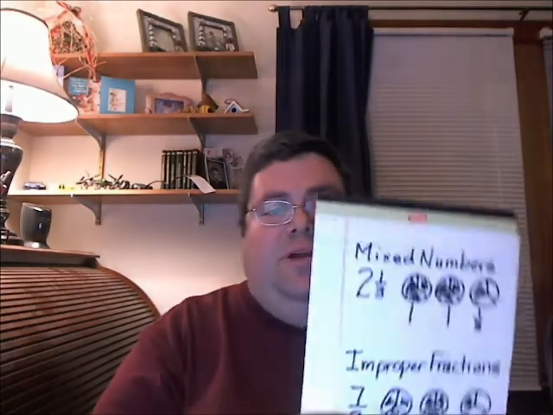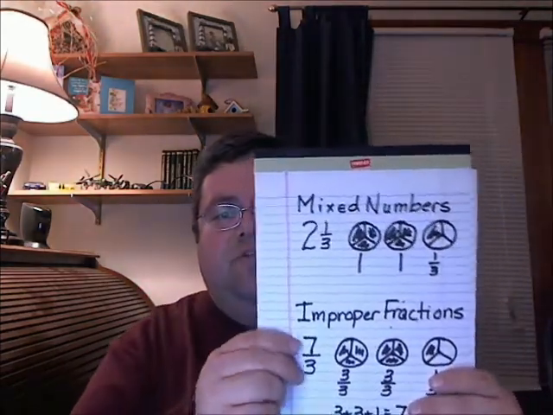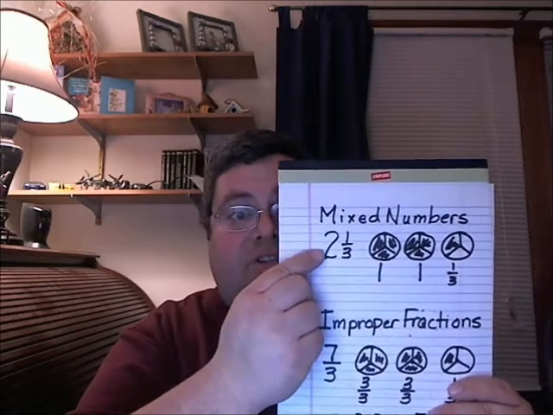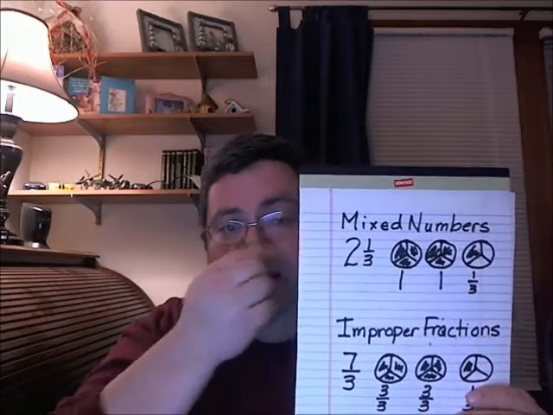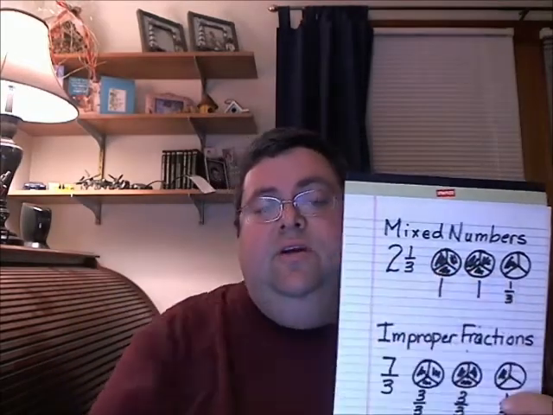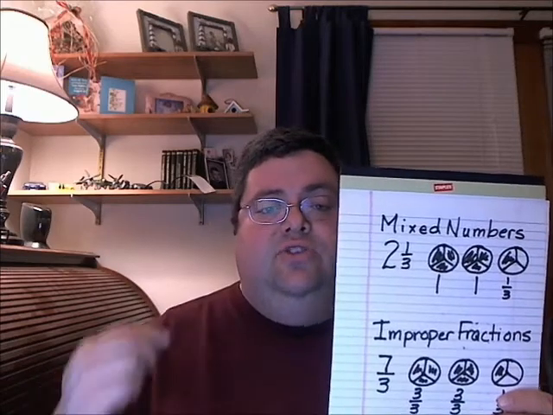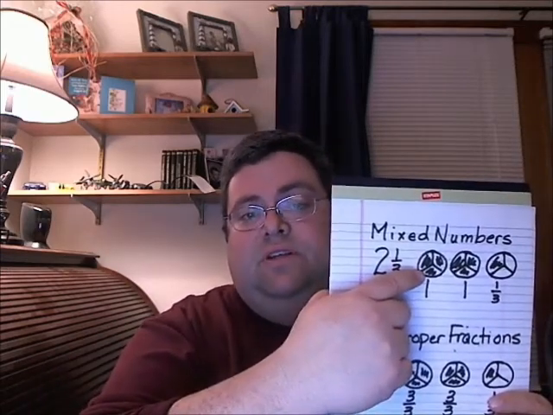So, for example, here we have mixed numbers first. And a mixed number, you're going to notice very quickly, has a whole number in it, as opposed to just the fraction. So in this case, if I had 3 objects here, and said, okay, I used all of the first one. You'll see I used all of this object.